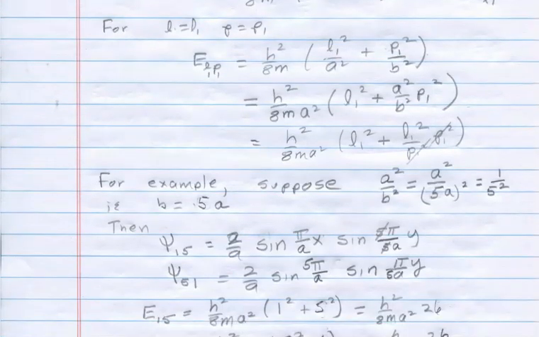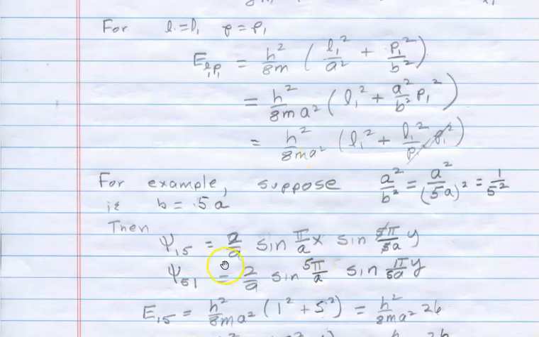For example, let's suppose that B is 5 times the length of A, so A squared over B squared is the ratio of 1 squared to 5 squared.